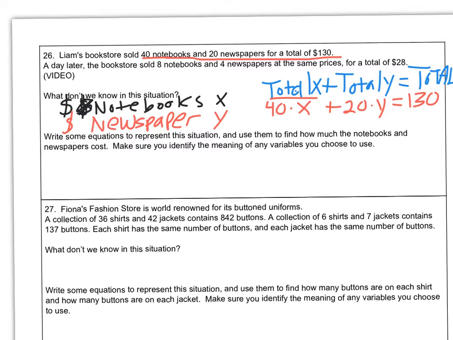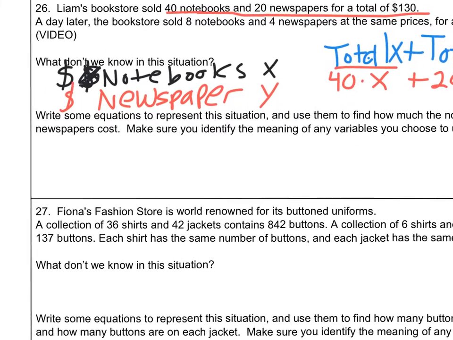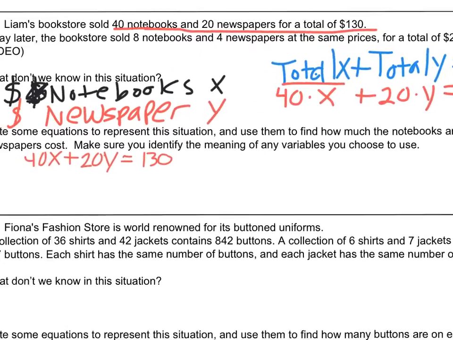I find it really helpful to begin one of these problems by writing equations in words and then translating that into math. That makes it a little bit easier to see what's going on. Okay, so we've got first equation, 40x plus 20y is equal to $130. We also have 8 and 4 for 28.